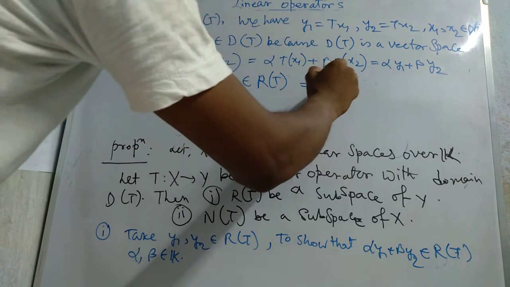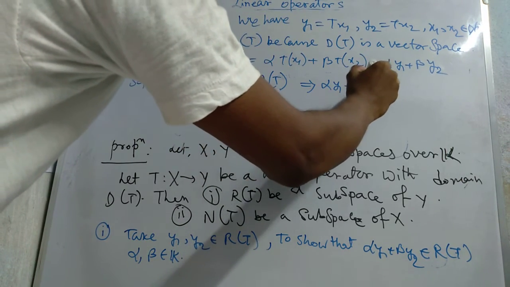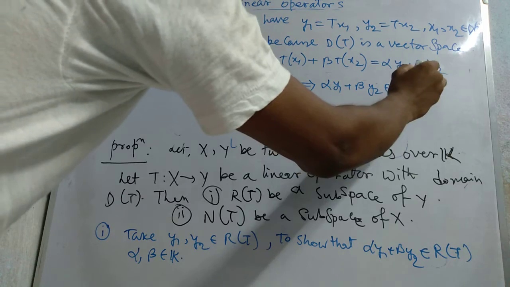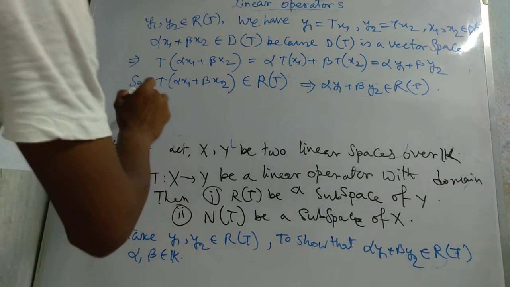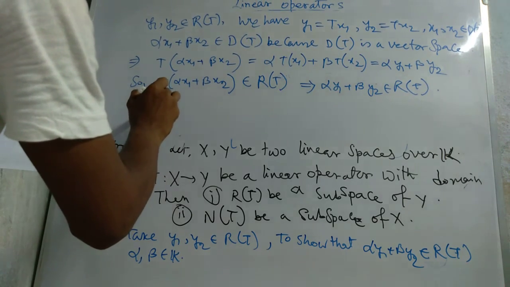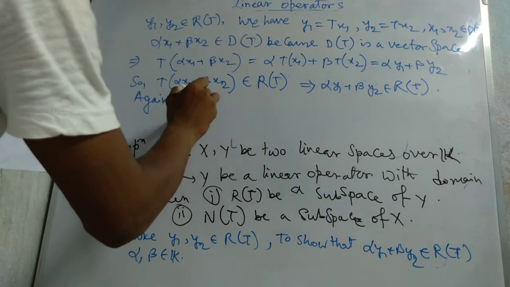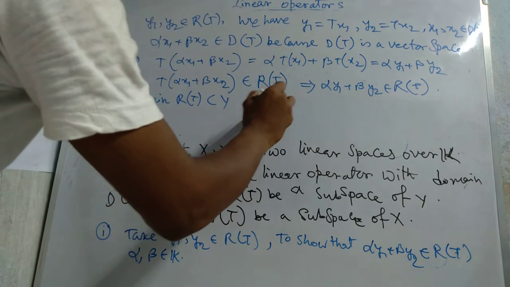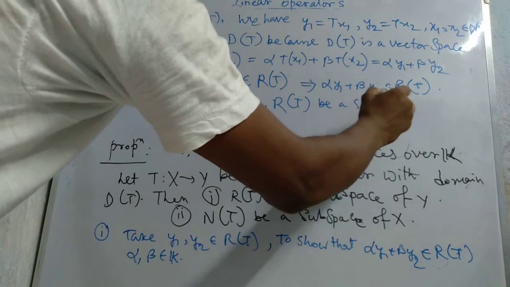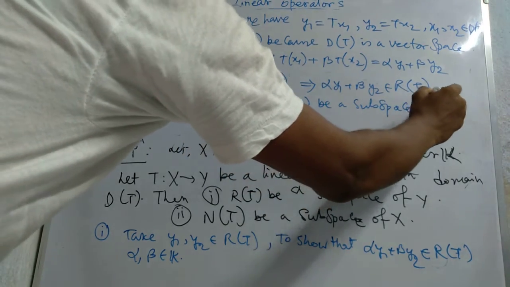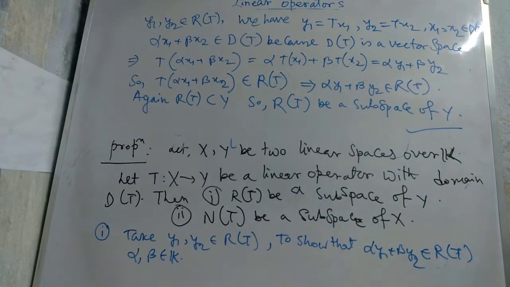This implies that alpha y1 plus beta y2 belongs to R(T). This implies that R(T) is a subspace of Y, and R(T) is a subset of Y, so R(T) is a subspace of Y.